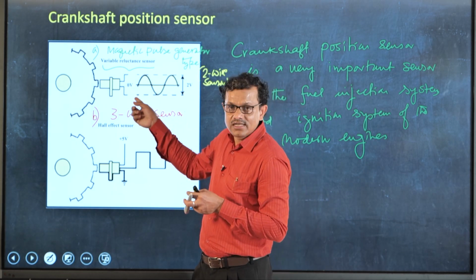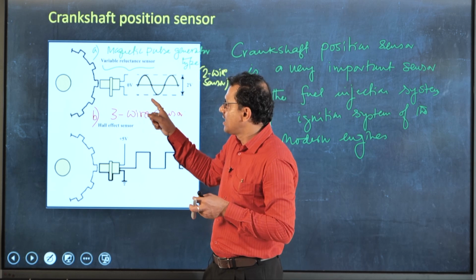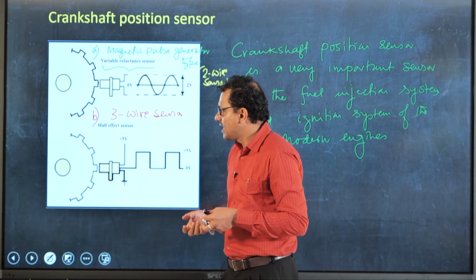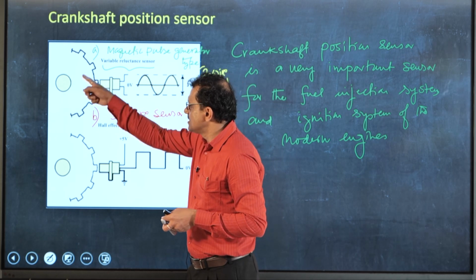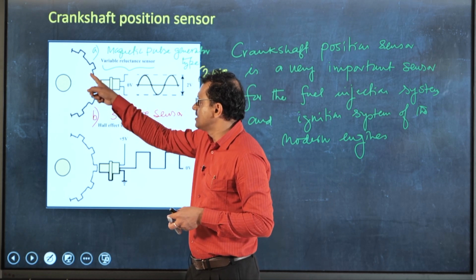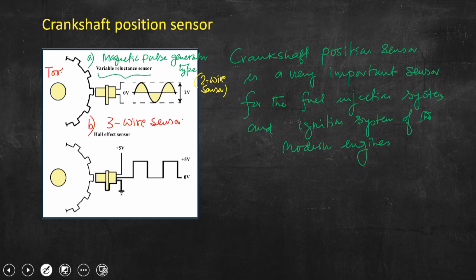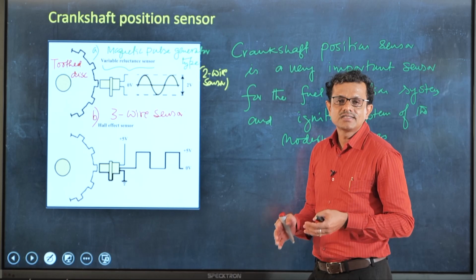This sensor can be located either on the crankshaft or on the distributor shaft, and you can see this is a toothed disc.